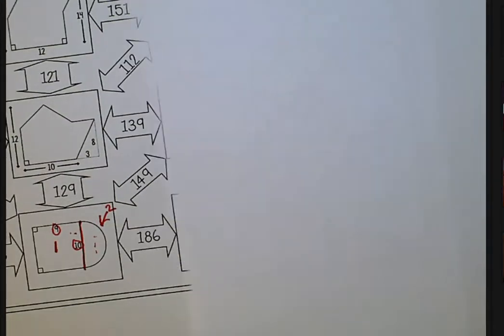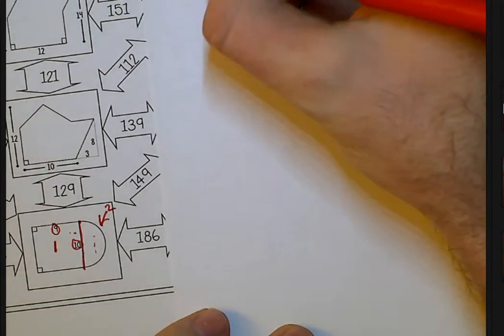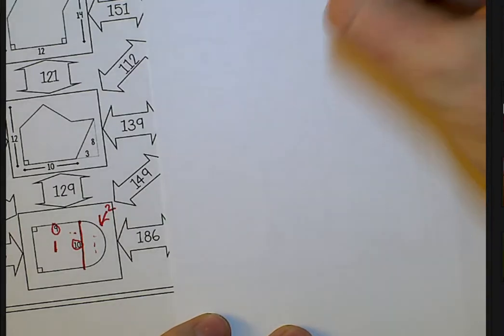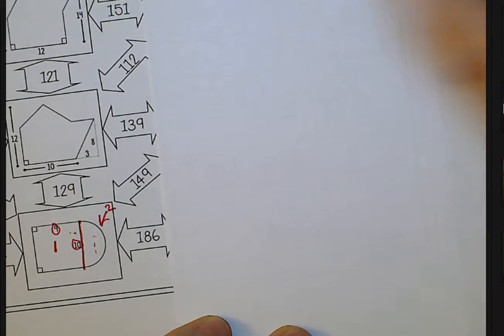So I draw my shapes. Okay? So I'll label these columns for you. Shapes, formula, and then show work.